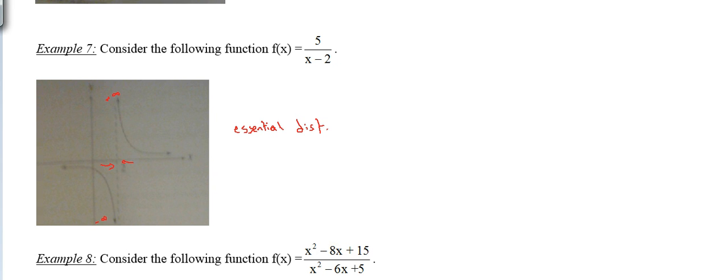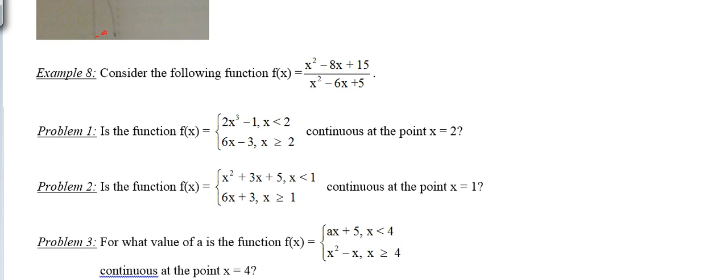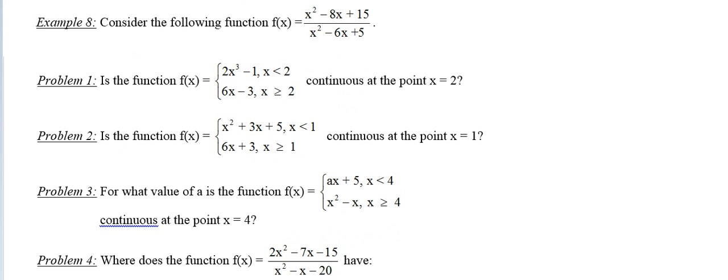Example 8. We don't have the figure. Let's see what to do. We should factorize the numerator and the denominator. We factorize by guess and check, or we find delta, whatever.